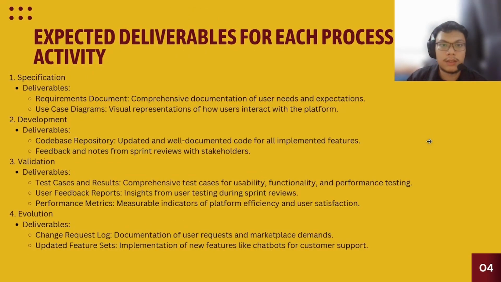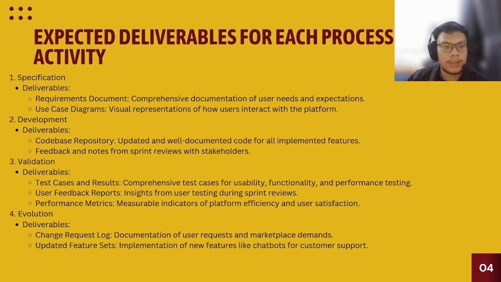For the expected delivery of each process activity: specification, requirement document, a comprehensive document of user needs and expectations, use case diagram, a visual representation of how users interact with the platform. The development, code-based repository, updated and well-documented code for all implemented features, feedback and notes from sprint review with stakeholders.